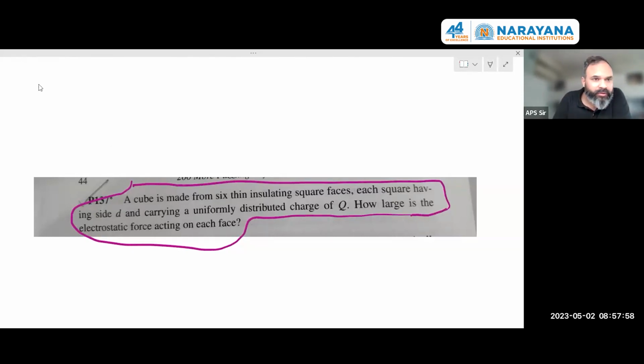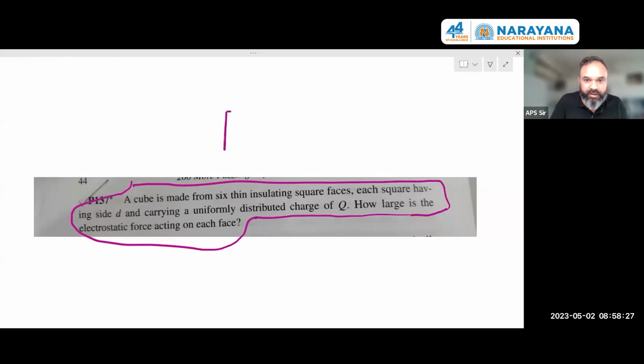So what I'm doing is, I took an insulating box, a hollow, thin insulating cube, right? Now, on all the 6 faces, I have charge, which is given uniformly distributed. The edge length of the square is also given. The question is simple. Can we find out the electrostatic force on each face?